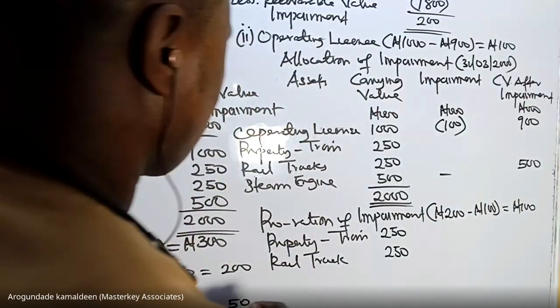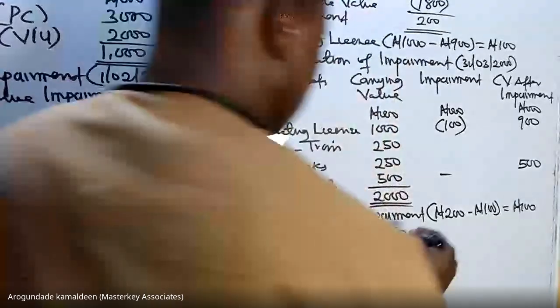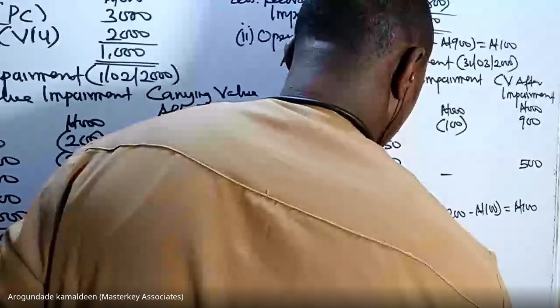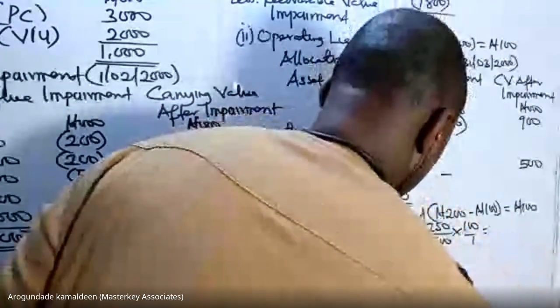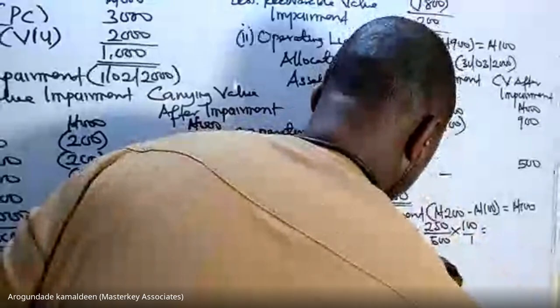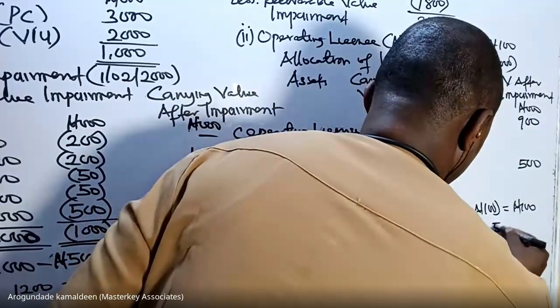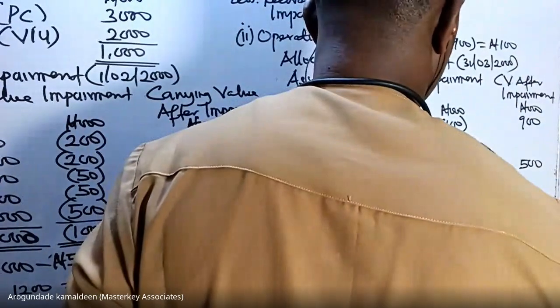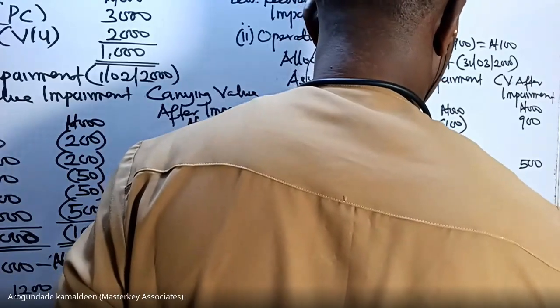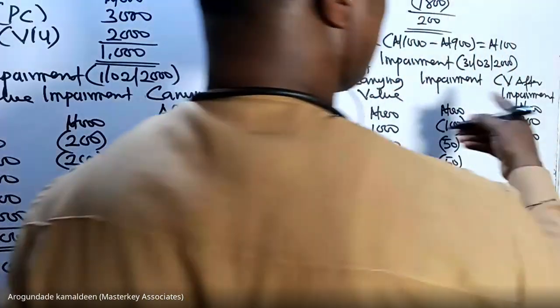Am I correct? That'll be 500. This will take 250 over 500 times 100, which is equal to 50. So you come here and reduce by 50, and by 50. So here you have 200 now as the new carrying value.